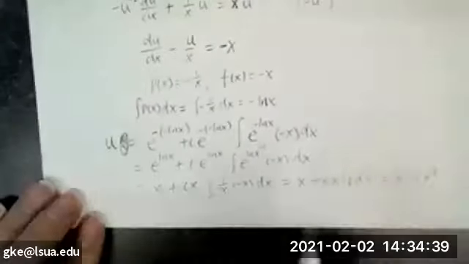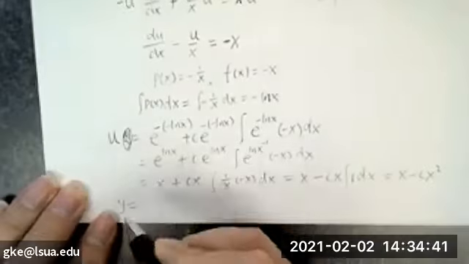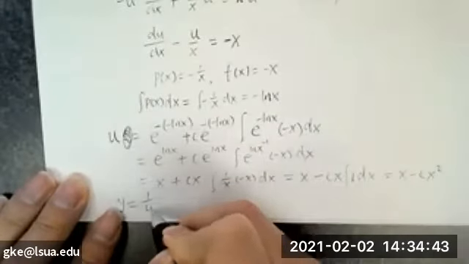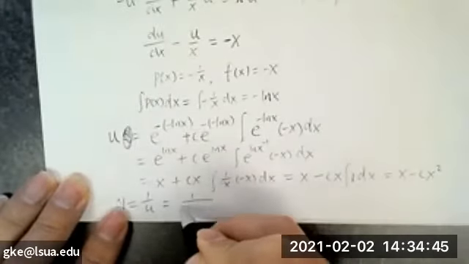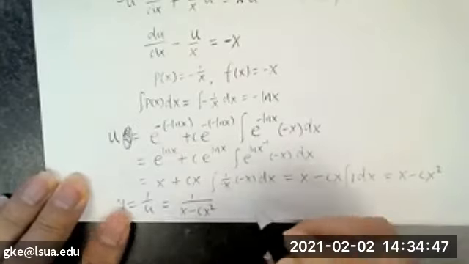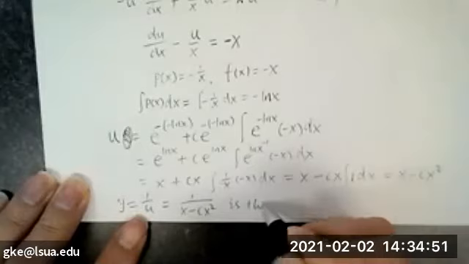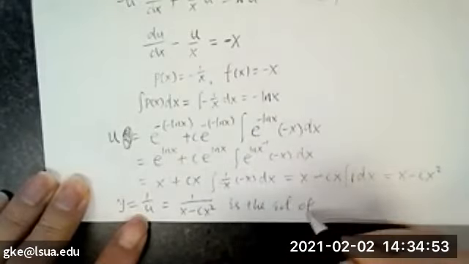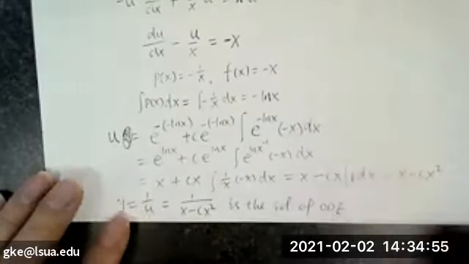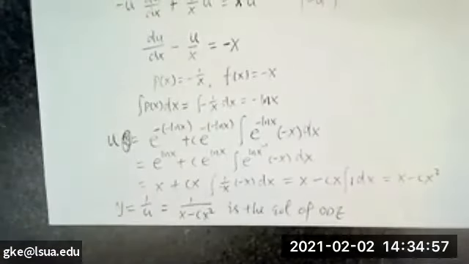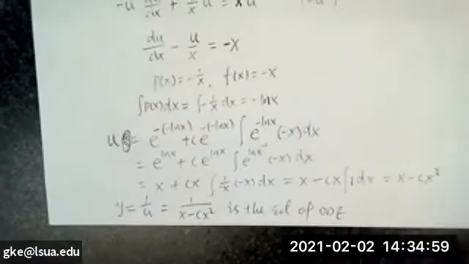So plugging back, y equals 1 over u, which should be 1 over x minus cx squared. And this is the solution of the ODE.